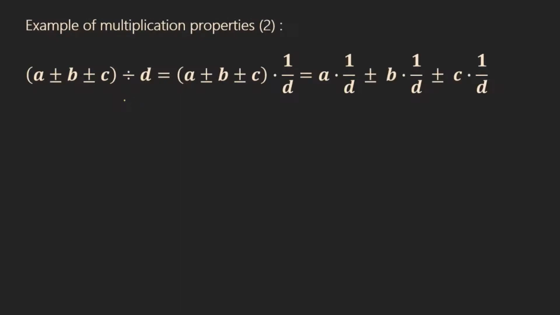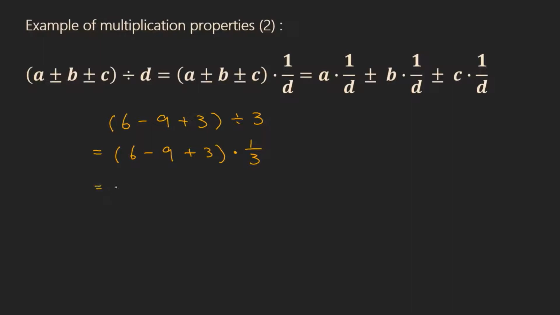Now in our second example problem, we're going to remove the division, turn it into a multiplication, and use the distributive property to solve the problem. So let's take the example parentheses 6 minus 9 plus 3 and then divided by 3. The first step is to remove this division. This becomes 6 minus 9 plus 3 times 1 over 3. Now we can use the distributive property and distribute 1 over 3 into each of the terms inside the parentheses.